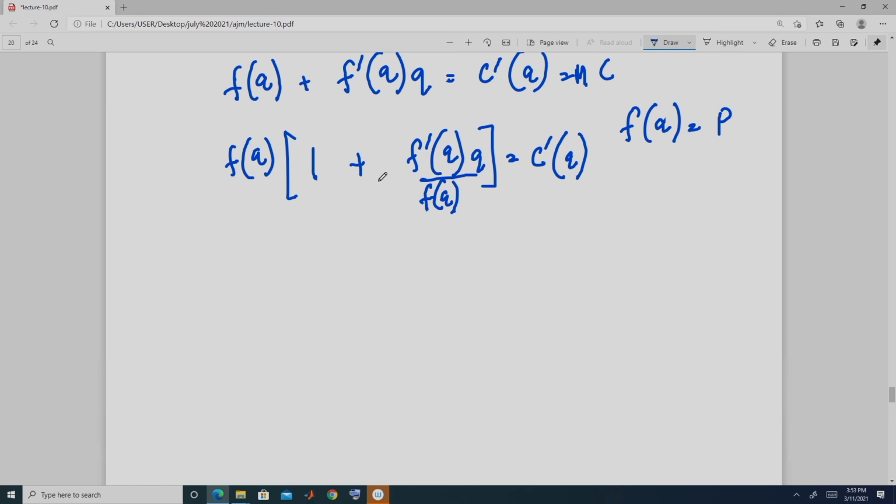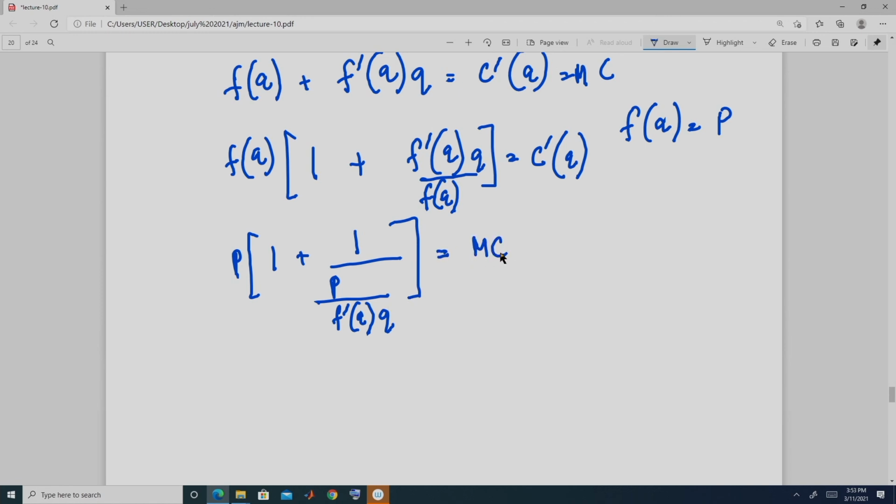Now here, using this we can write it in this form.